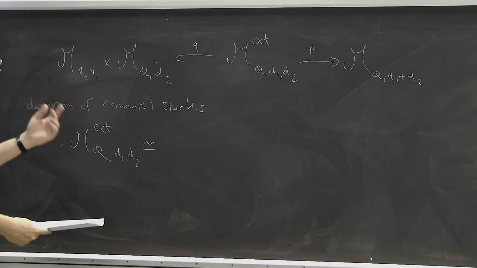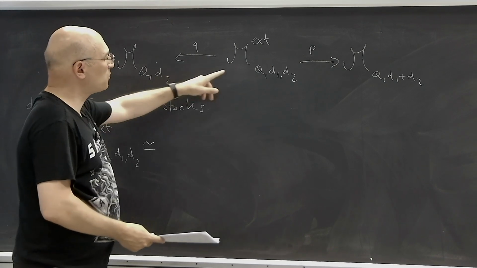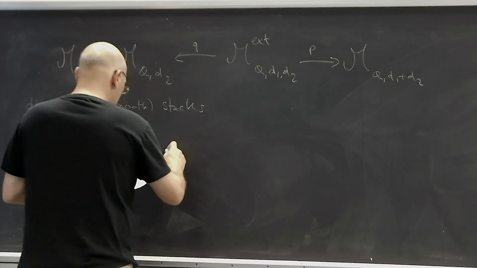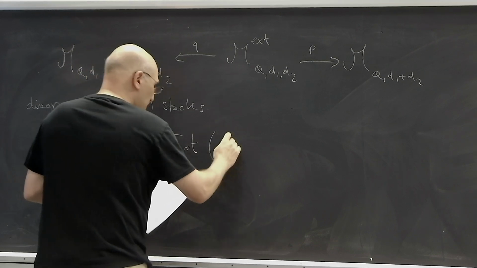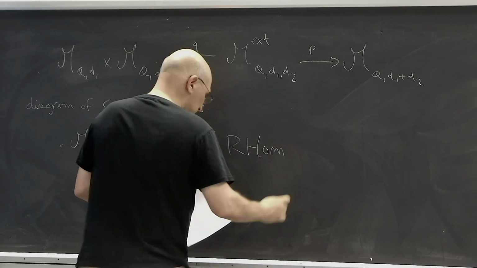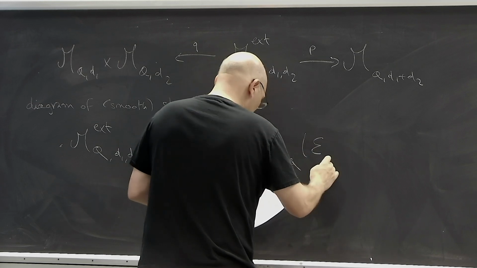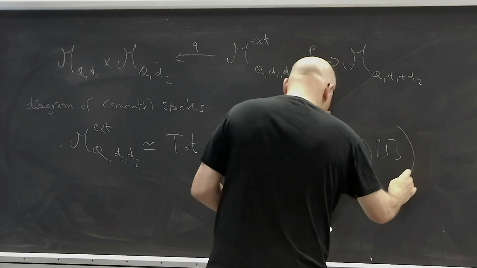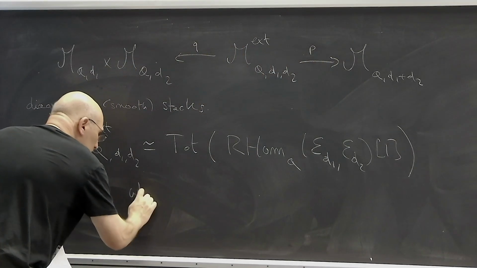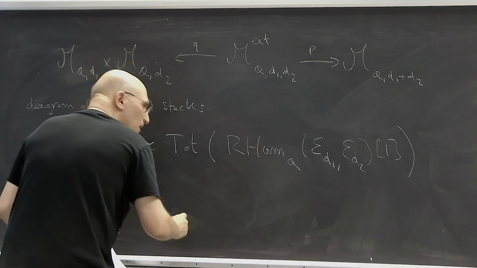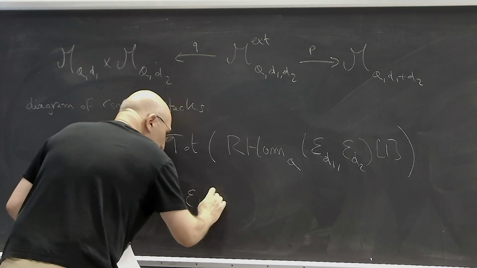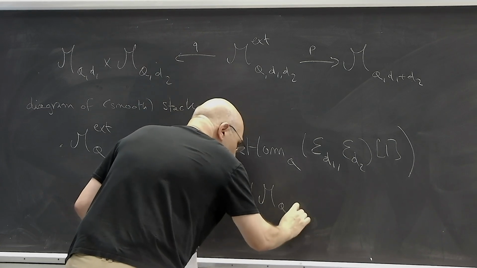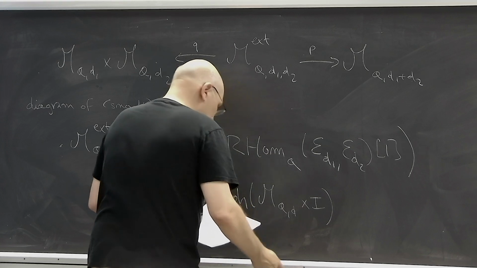That would be the extra automorphism group that we would get. So this map is not going to be representable, and it's going to be the total space of this R hom over Q between the tautological, so where R hom, ED, this is a coherent sheaf over MQD cross I, the tautological vector bundle.